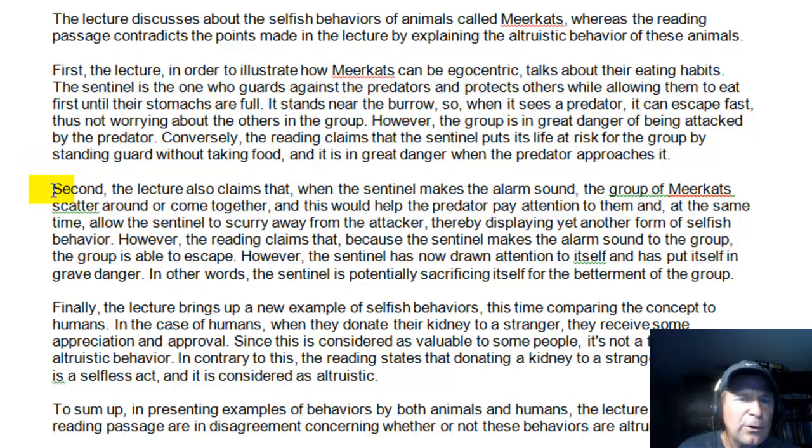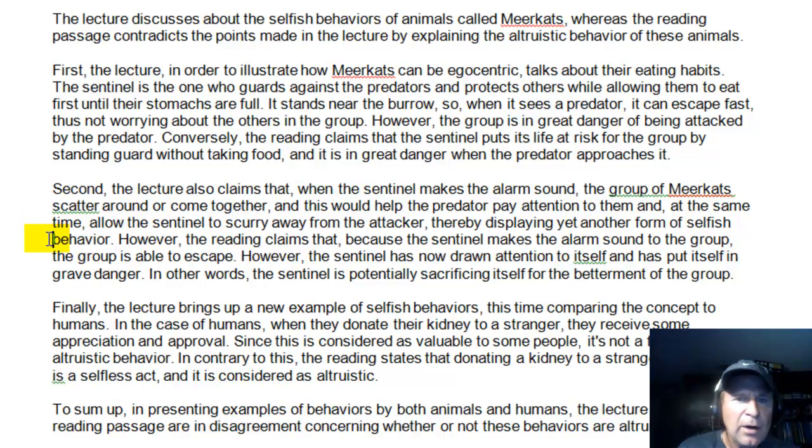Second, the lecture also claims that when the sentinel makes the alarm sound, the group of Meerkats scatter around or come together, and this would help the predator pay attention to them and at the same time allow the sentinel to scurry away from the attacker, thereby displaying yet another form of selfish behavior.